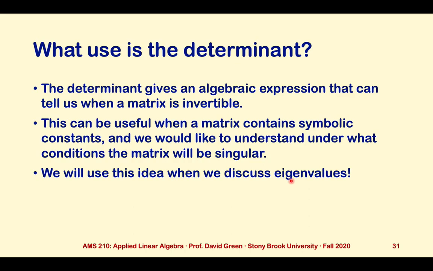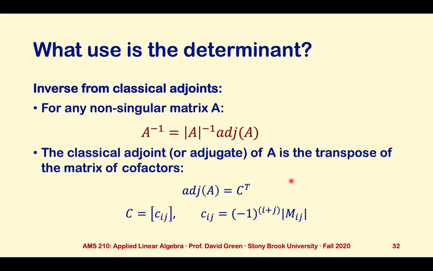There are also some other uses of the determinant. One of these is a direct definition of the matrix inverse. This is known as the classical adjoint or adjugate method of finding the matrix inverse.